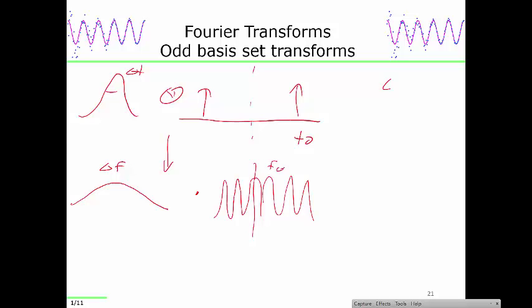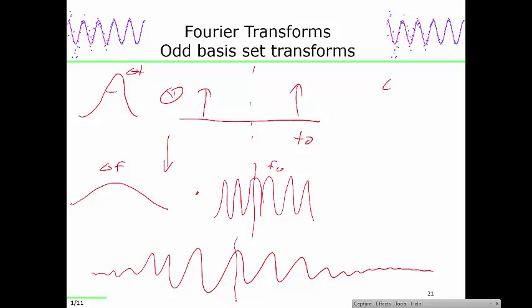So what's this going to look like? It's going to look like a cosine that starts and stops with a Gaussian envelope. Pretty exciting, huh?